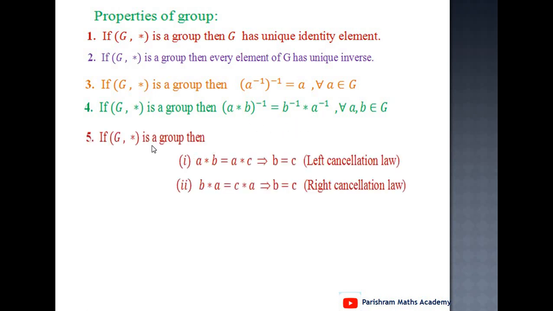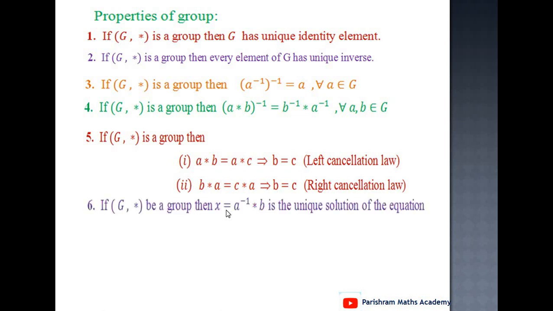Number 5, if G comma star is a group, then a star b equal to a star c implies b equal to c. It means the left cancellation law is satisfied. If G is a group, then the left cancellation law is satisfied. Also, b star a equal to c star a implies b equal to c. It means the right cancellation law is also satisfied. Therefore, in any group G, left and right cancellation law is satisfied.